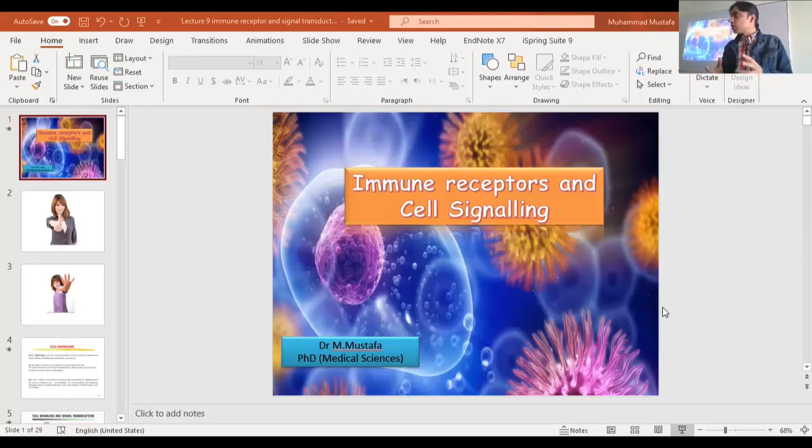We will see how, in the immune system in particular, these signaling molecules work to trigger the expression of target genes. And remember, we are not supposed to learn all the signaling molecules. We are only studying certain ligands, certain signaling molecules which are involved in the immune system. And the most famous of them, do you know which one it is? The most famous of them is the cytokine.